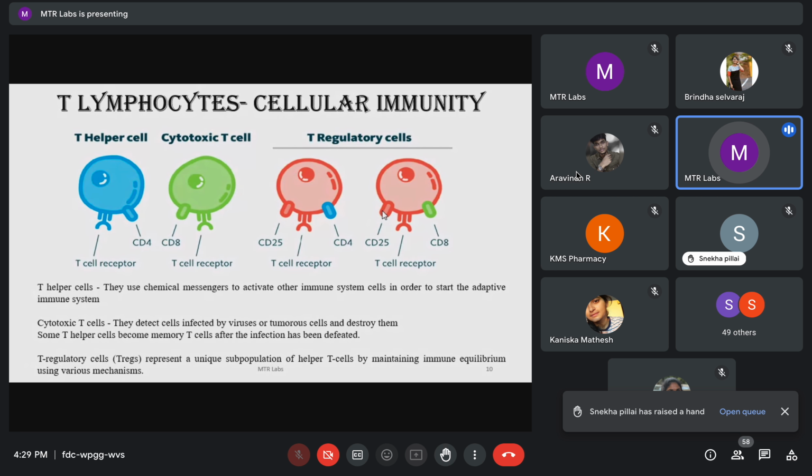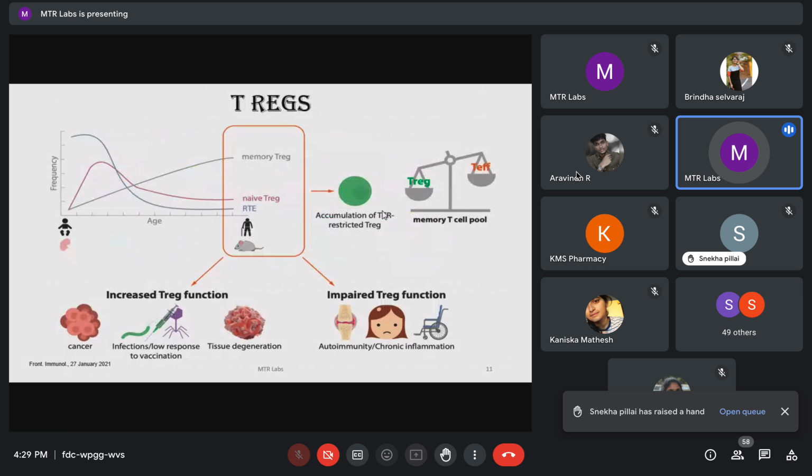They use various mechanisms, but just to give an overall view, Tregs are divided into naive Tregs, which are Tregs that haven't encountered the antigen, and memory Tregs, which have already encountered the antigen and remember that this antigen has come into the body. And there are effector Tregs, which are activated Tregs that play the action of whatever role they are involved in.